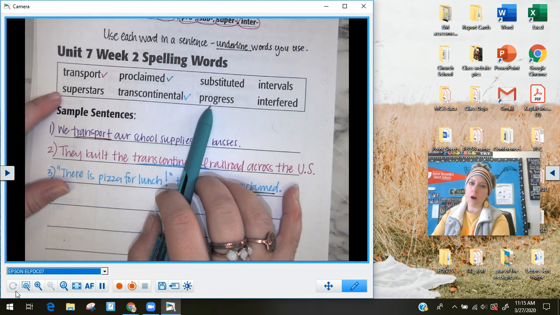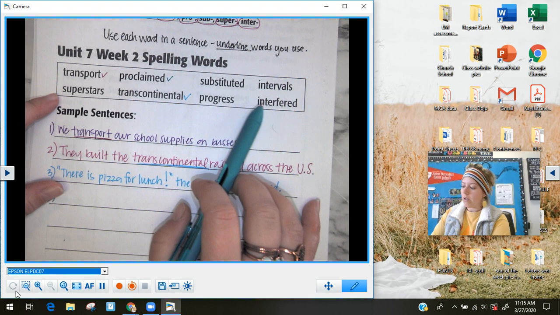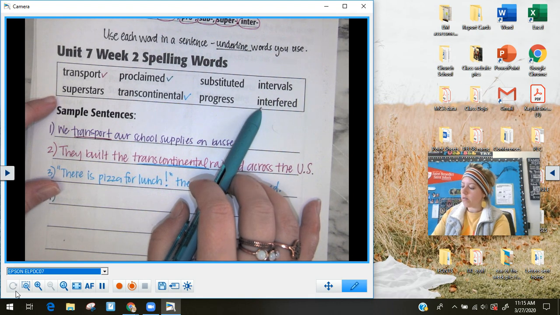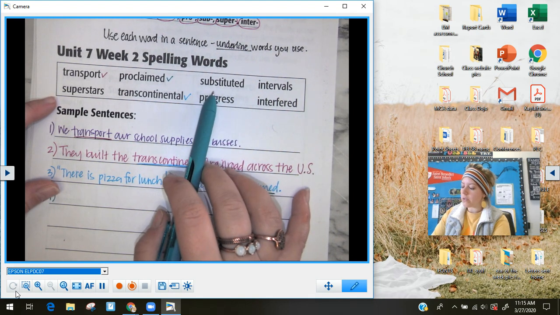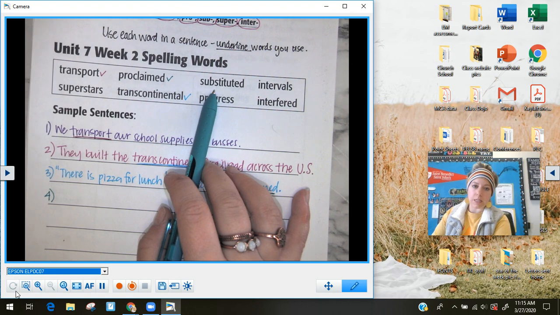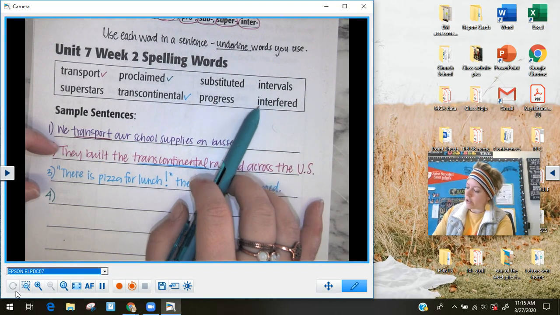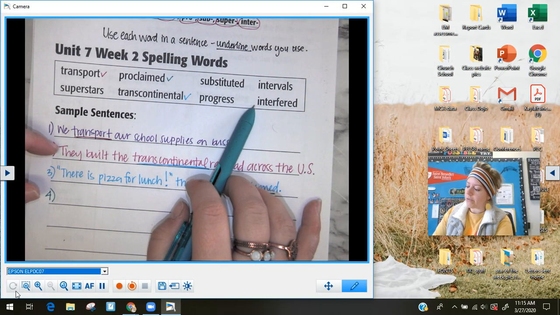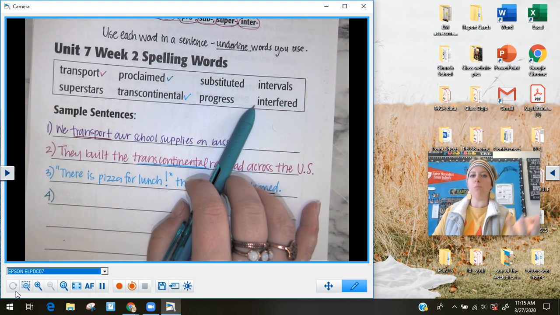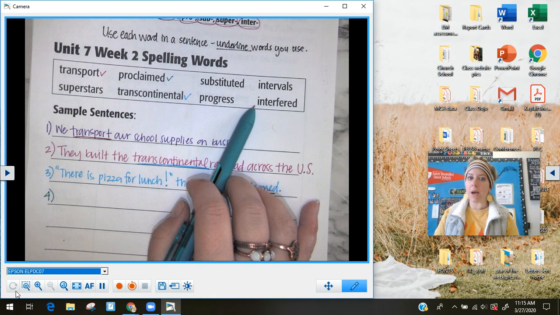So maybe I made progress in my math this year. Interfered, intervals, substituted. Substituted would be easy. I substituted mayo instead of butter on my sandwich or something. Intervals and interfered, let me think. Interfered means you jump into something that messes something up. So I interfered with the basketball game when I ran onto the court.